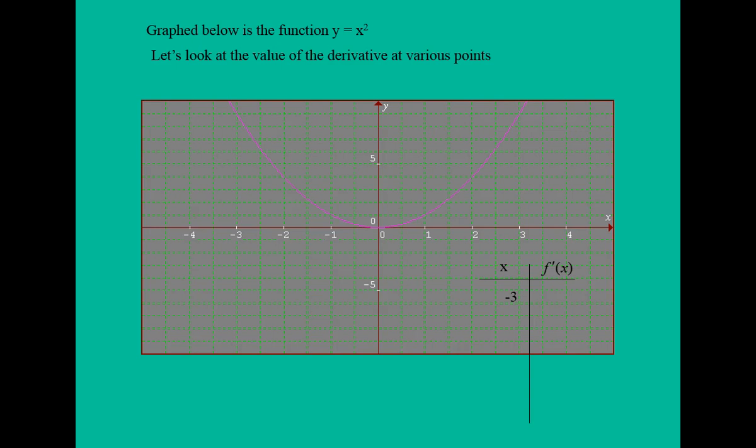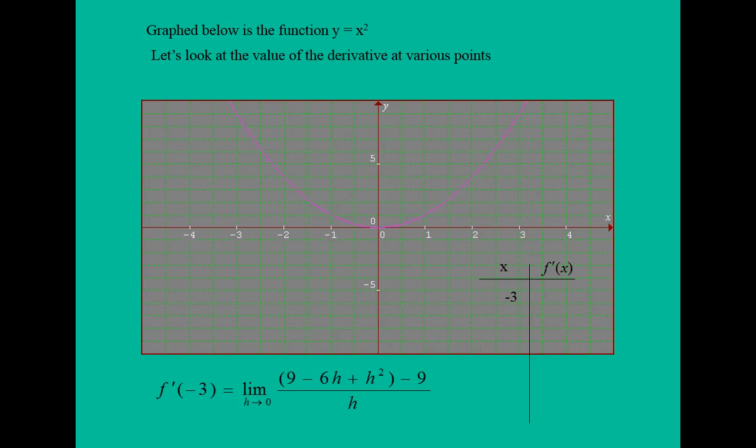So I'm just going to arbitrarily choose -3. To calculate the slope of the tangent line at -3, we're going to go back to our limits. If we did our calculation here, we would plug -3 plus h in for our x, square it, then subtract 9, divided by h, and take the limit as h goes to 0.